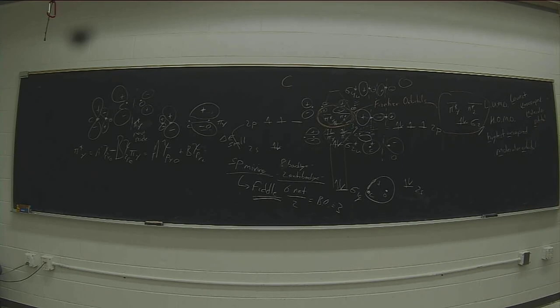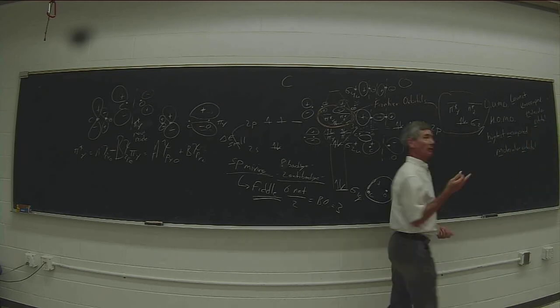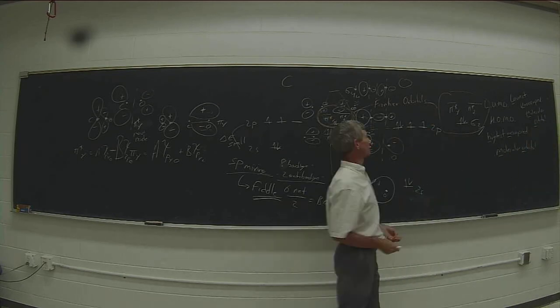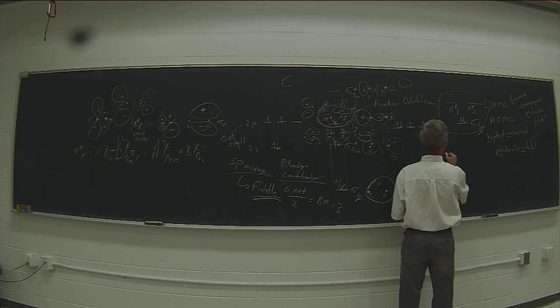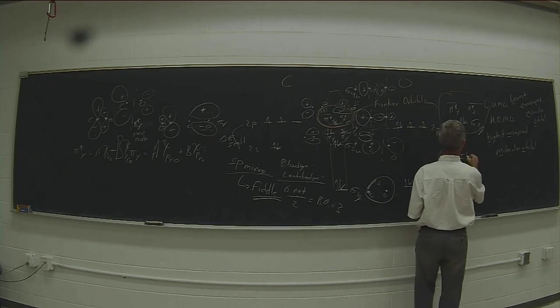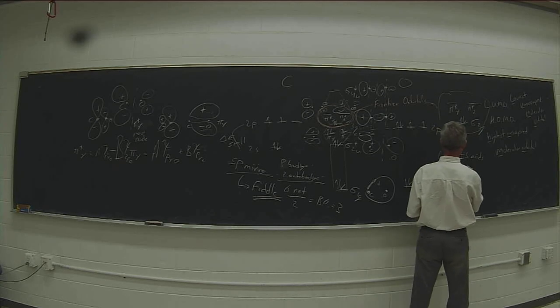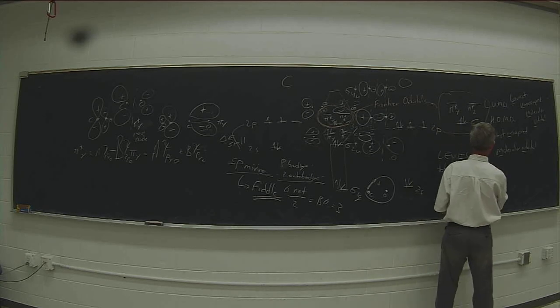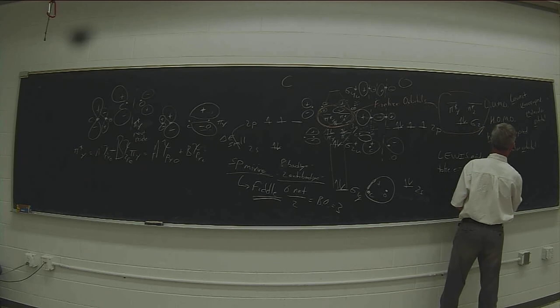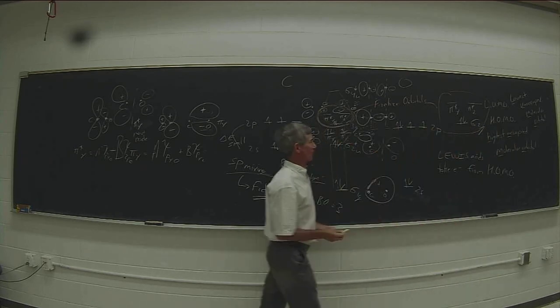And together, the HOMO and the LUMO, highest occupied molecular orbital and lowest unoccupied molecular orbital, are referred to as the frontier orbitals. If you are a Lewis acid, you're going to look for the highest energy electrons that the system has to give. So Lewis acids take electrons from the HOMO.